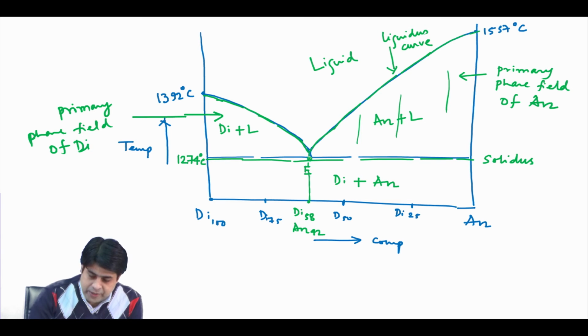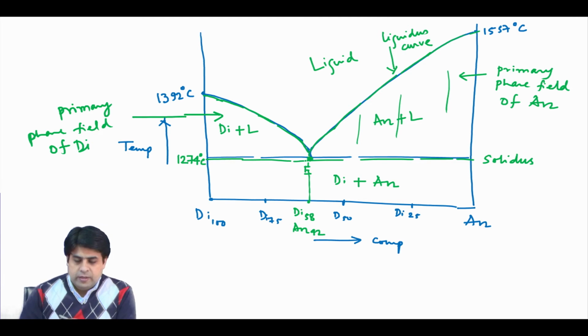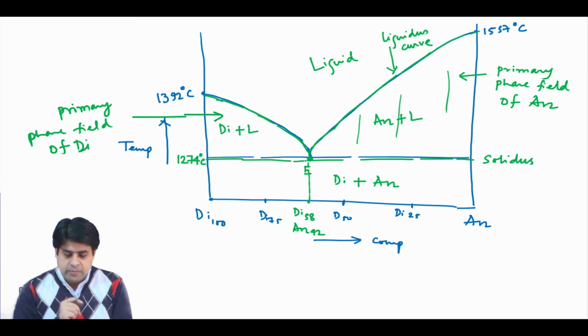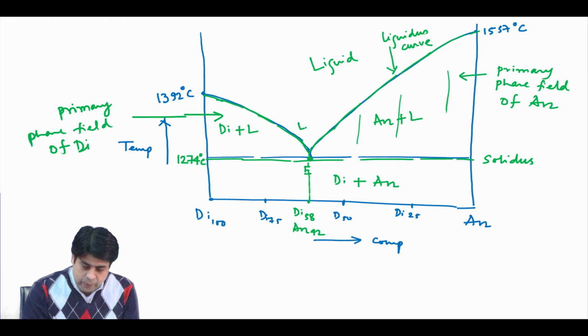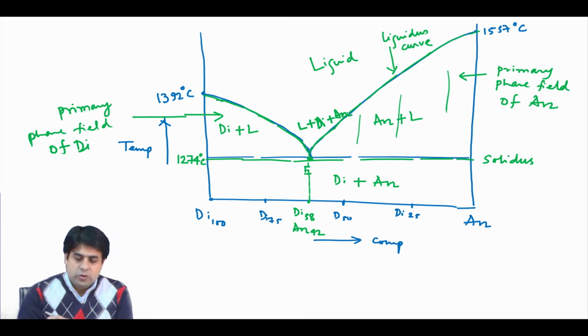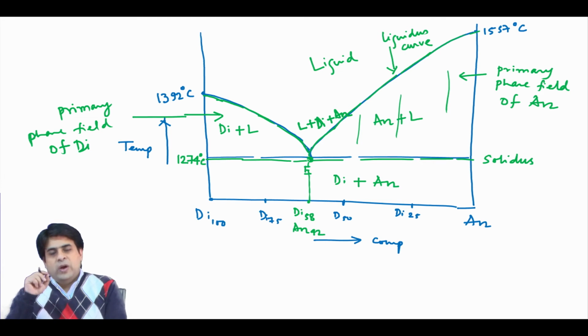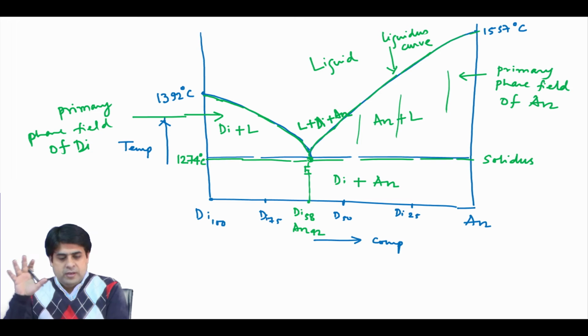At point E, that is the only point in this eutectic phase diagram where your liquid will coexist with diopside solid plus anorthite solid. So, E is the only point in this phase diagram where you have the maximum number of phases. We will try to understand this in more detail.